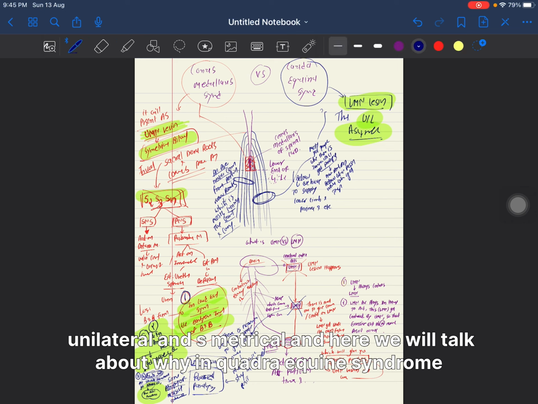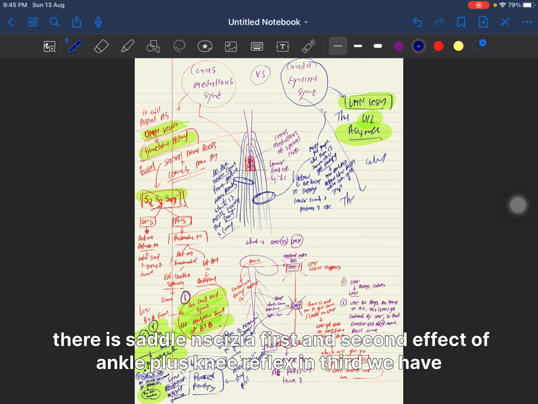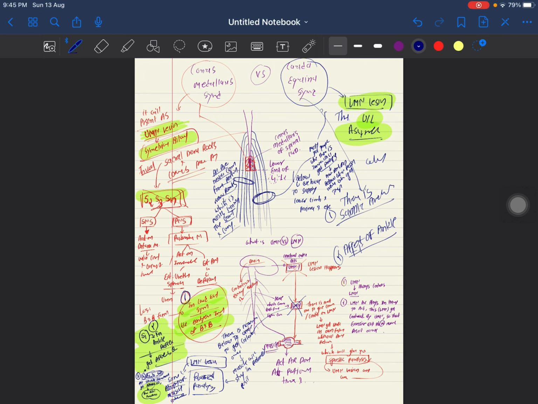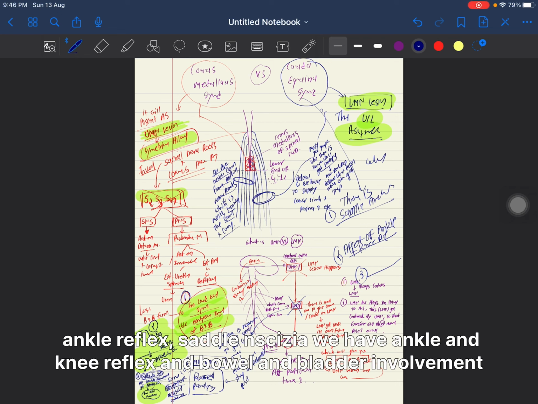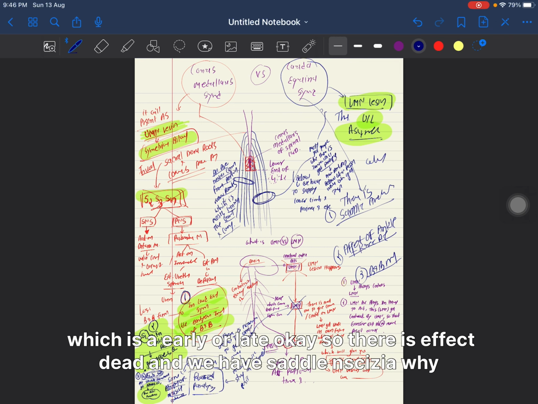And here we will talk about why in Cauda Equina syndrome there is saddle anesthesia first, and second, the effect on ankle plus knee reflex, and third, bowel and bladder involvement, which is early or late.